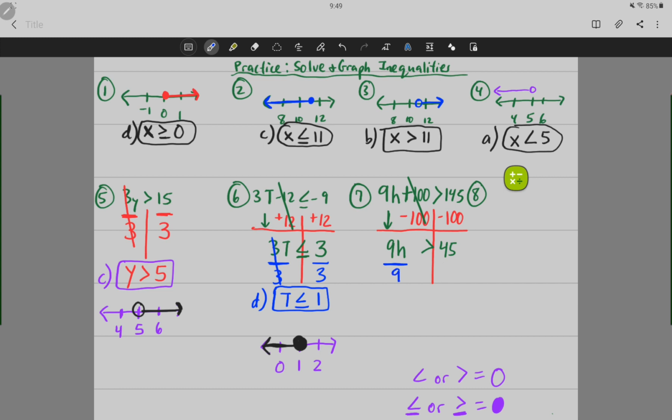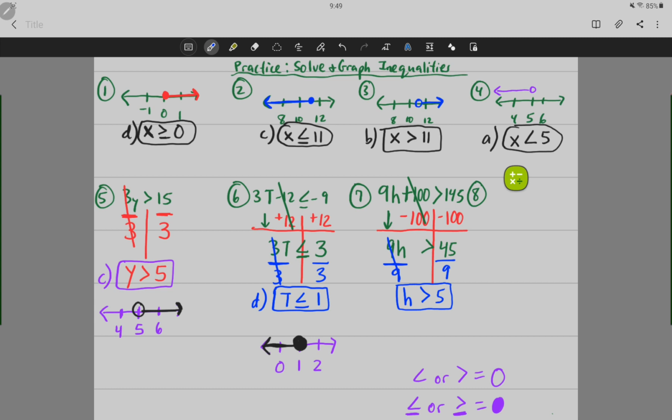So we divide by 9 on both sides. 9 divided by itself is 1. So just cancel that. Bring down our variable h and our symbol greater than. 45 divided by 9 is 5. So our inequality statement will say h is greater than 5.